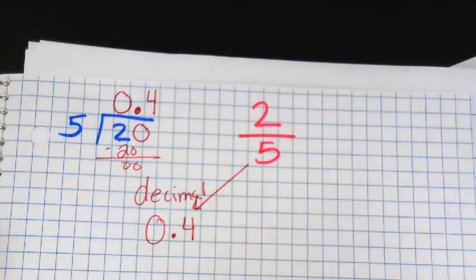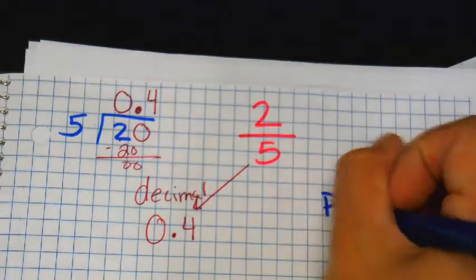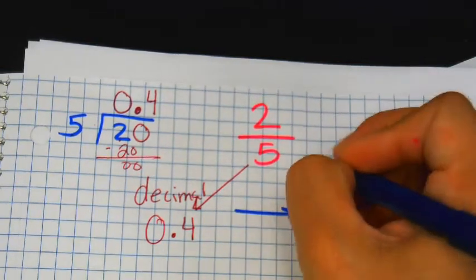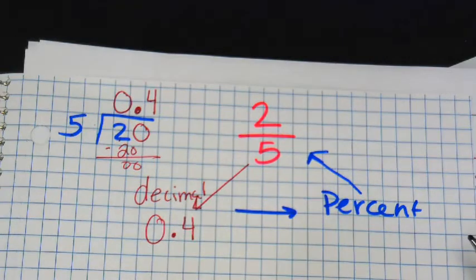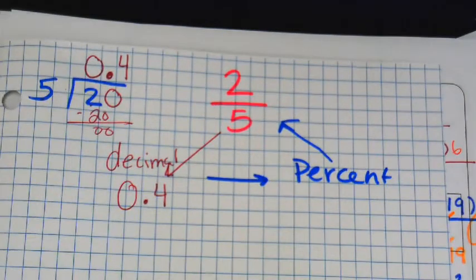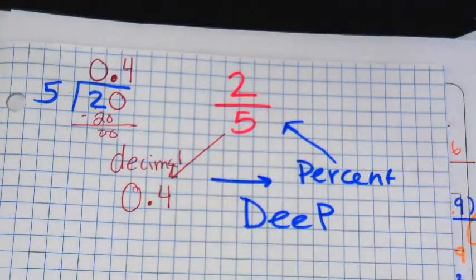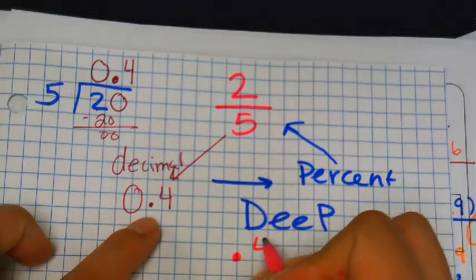All right, so what's my decimal? 0.4. But now I want to know what my percent is. So what is my percent of 0.4? What is it? 40. How do they get that? Think of the word deep. So my answer right now is 0.4, right?